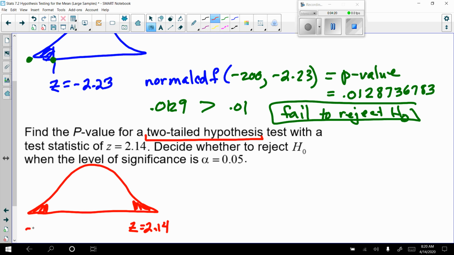That means this is negative z of -2.14. In order to find this one, this is half of alpha, and this is half of alpha. Well, actually, that's half of p.